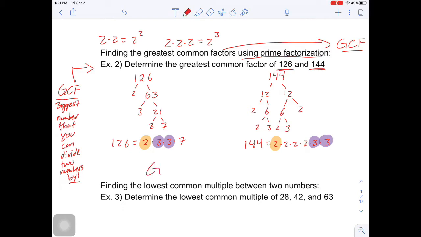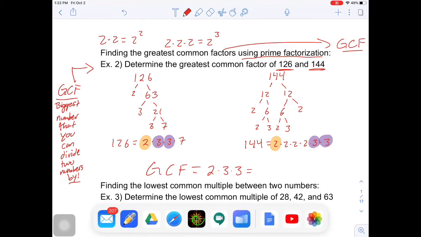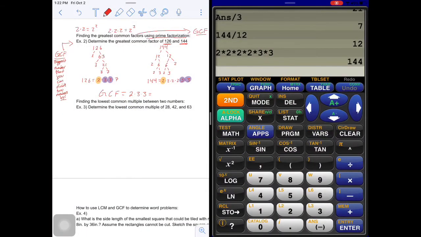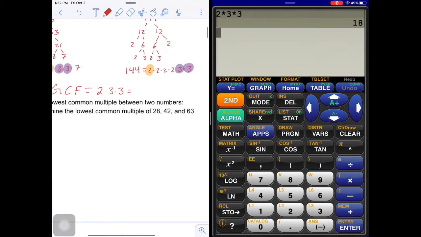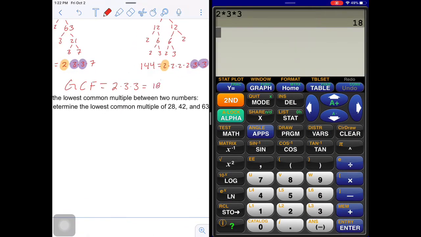So their greatest common factor is going to equal 2 times 3 times 3. And that's going to give us 2 times 3 is 6, times 3 is 18. Let's just check that. So 2 times 3 times 3, that gives me 18. So their greatest common factor will be 18.